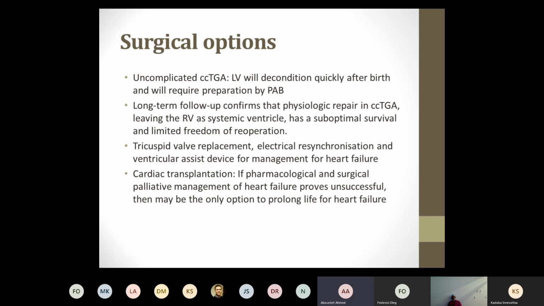Tricuspid valve replacement, electrical synchronization, and ventricular assist devices are other options for the management of heart failure, and this falls more on the physiological part of the repair rather than the anatomical repair. Ultimately, cardiac transplantation may be the only option for this cohort of patients, if the pharmacological and surgical palliative measures for heart failure are not successful, to prolong their life.